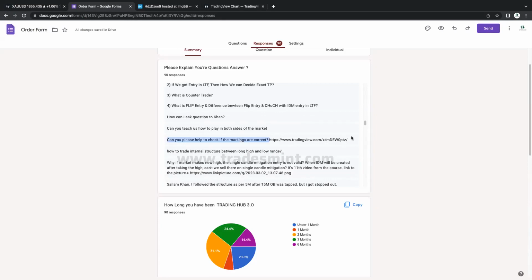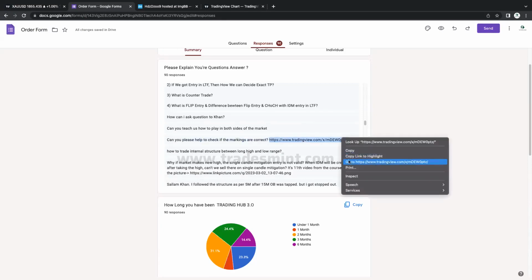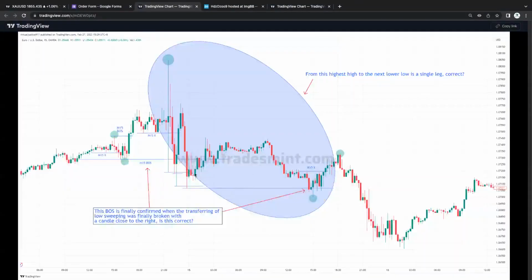Can you please check whether this marking is correct or not? Okay, let's see. This was finally confirmed here. Taken out the inducement, pause, inducement sweep.